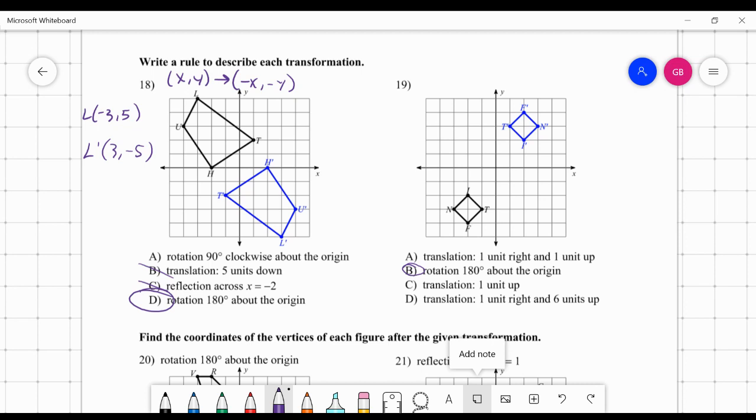And we could check this, use I. I is (-2, -2) and I prime is (2, 2). Again, the rule works. It's the opposite of each number.